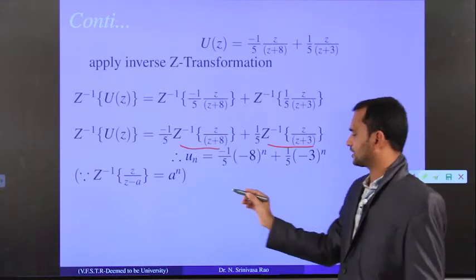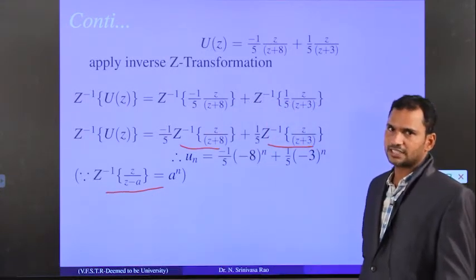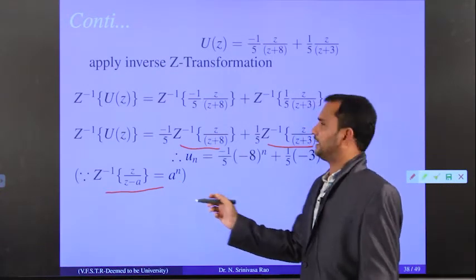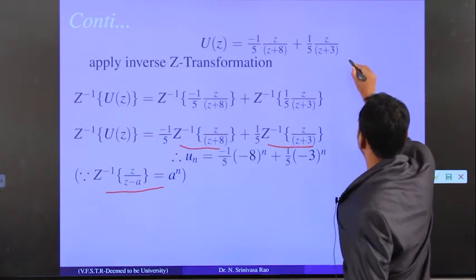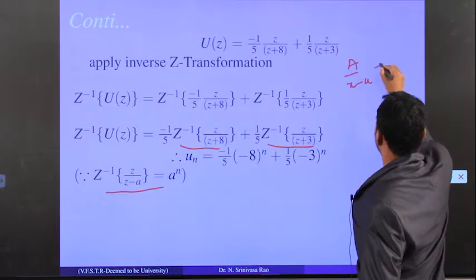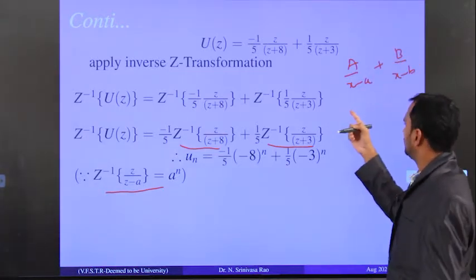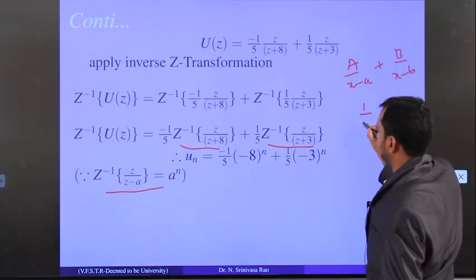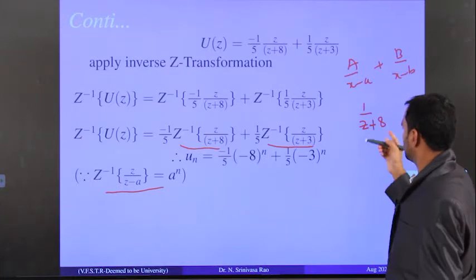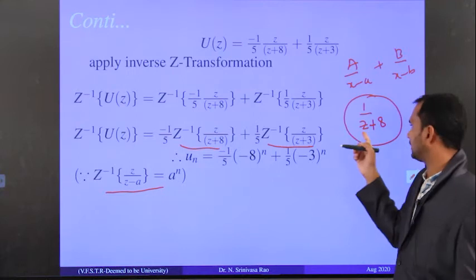Now just look at this formula. What is the z inverse of z by z minus a? It is a power n. Everybody listen: when you are going for partial fractions, A by z minus a plus B by z minus b, if it is 1 by z minus 8 or 1 by z plus 8, we cannot have any inverse z transformation.